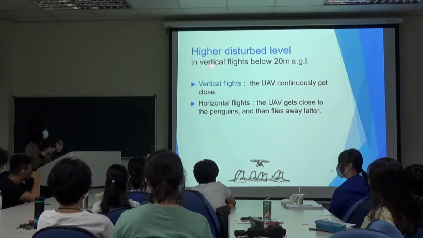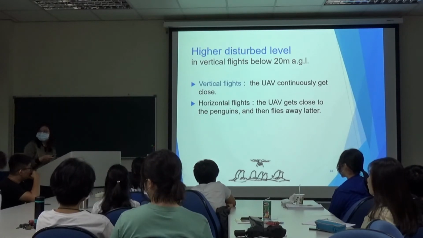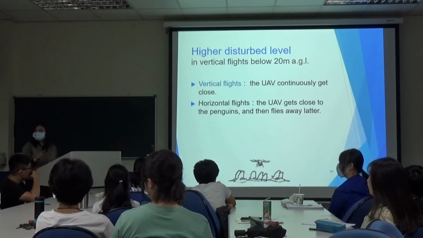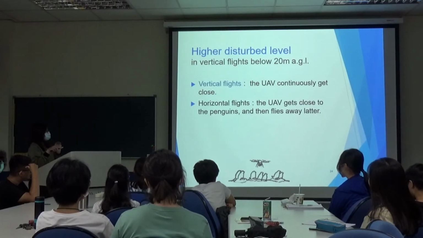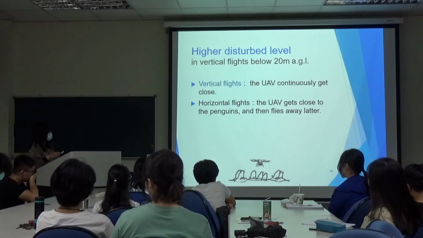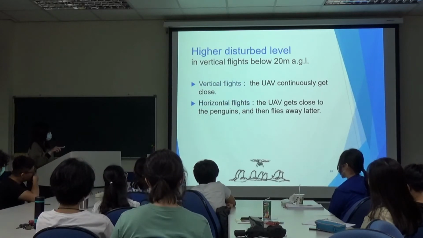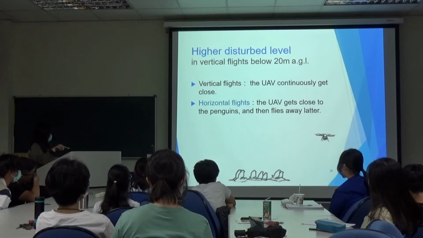The higher disturbance level in vertical flight below 20 meters is because in vertical flight the UAV is continuously getting close to the penguin, and in horizontal flight the UAV gets close to the penguin, but then flies away.